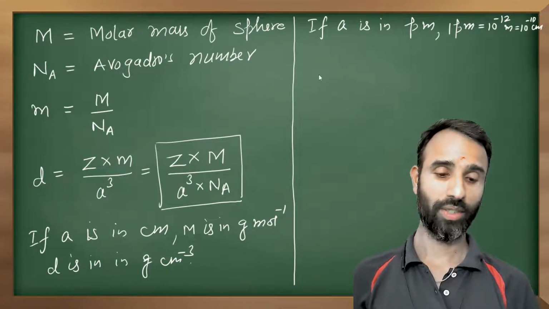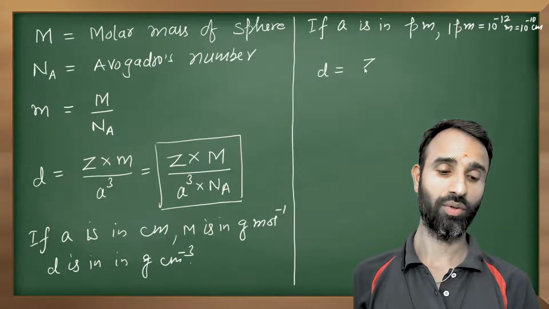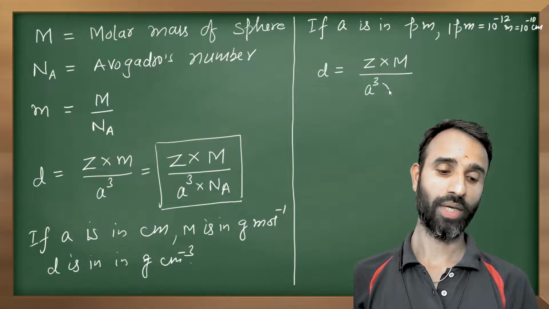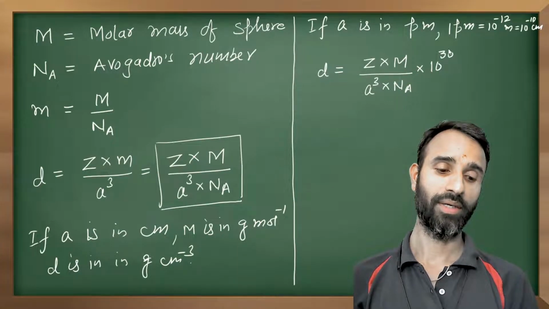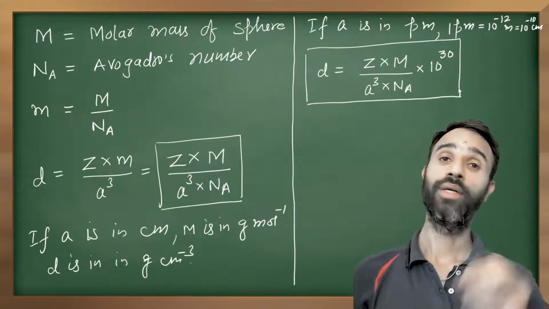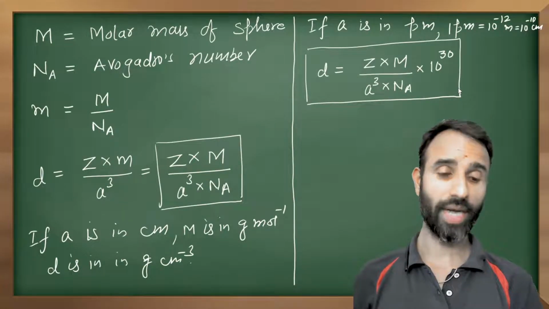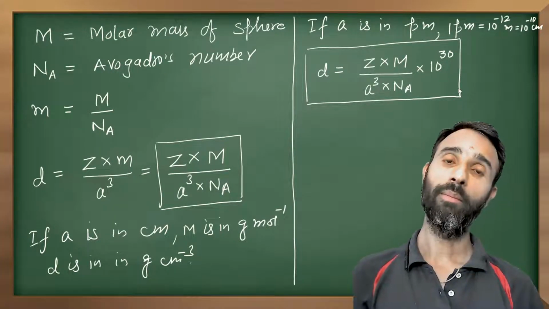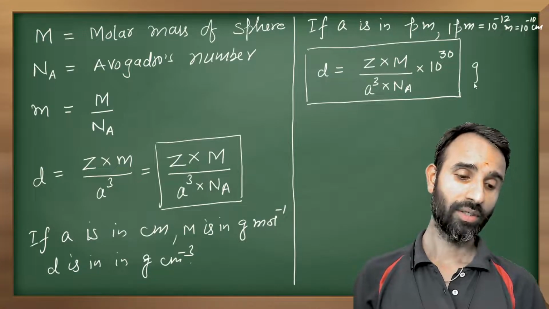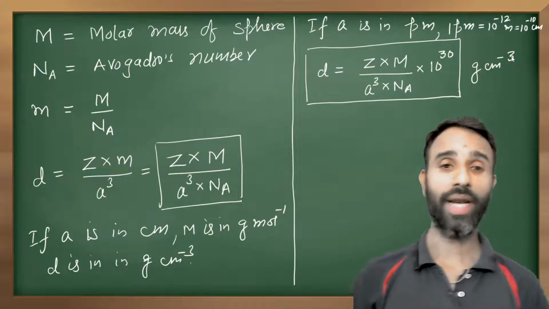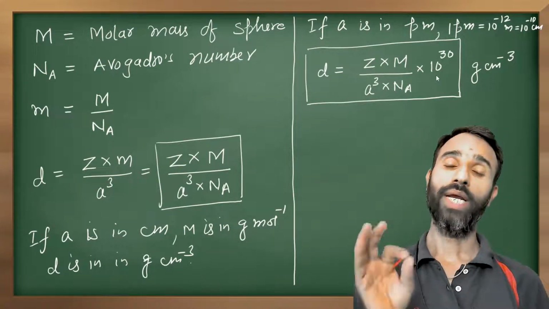Okay, so in this way density is equal to Z into M upon a cube into Na multiplied by 10 raised to power 30, right? Because now we can write a cube as a into 10 raised to power minus 10 centimeter cubed. So this is in gram per centimeter cube. Then it should be multiplied by 10 raised to power 30.